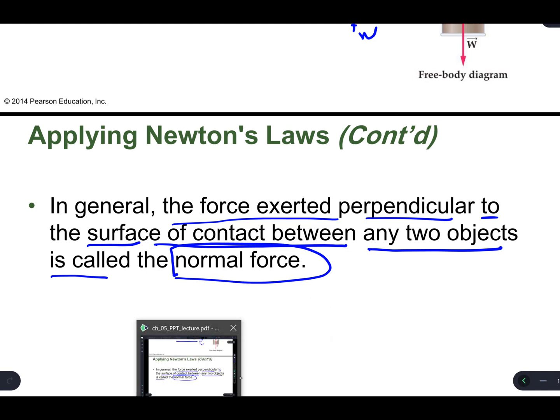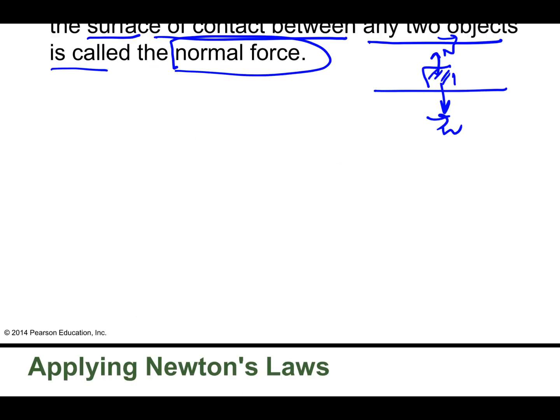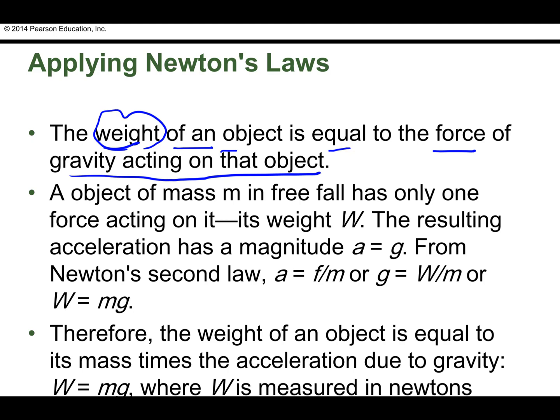And for the level table, it is exactly equal to the weight downward. The weight of an object is equal to the force of gravity acting on an object. This is the definition of the weight, guys. The force of gravity acting on an object.